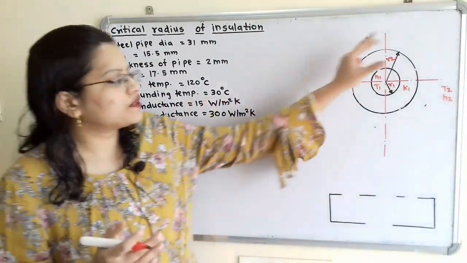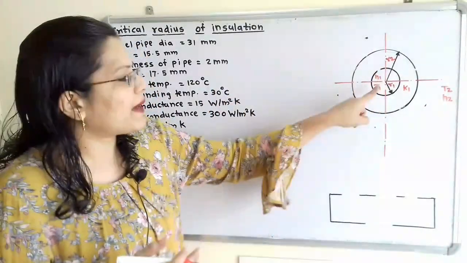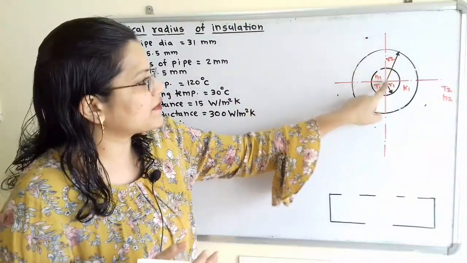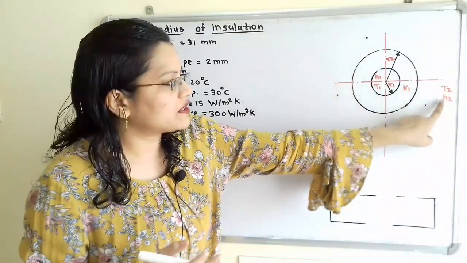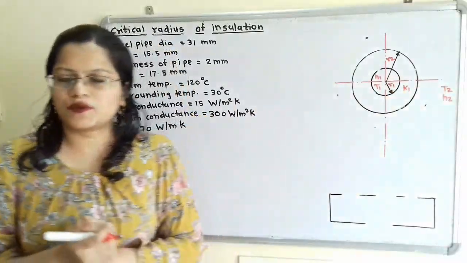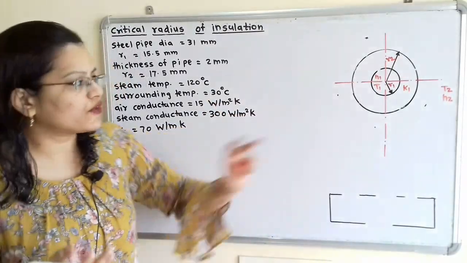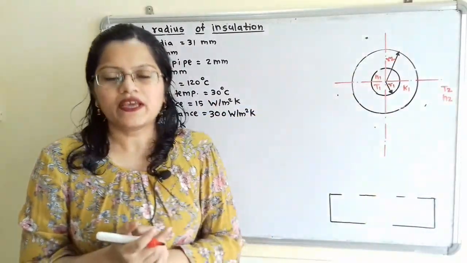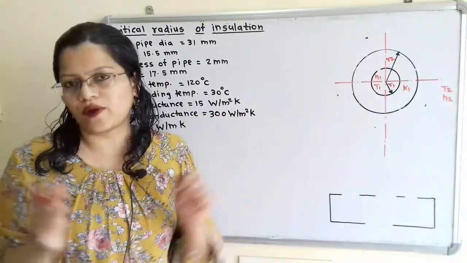If we observe this diagram, here only steam is flowing inside the pipe, then here is radius R1 and R2 for the steel pipe, and here is the air temperature as well as heat transfer coefficient that is provided. So we have to first find out what is the value of Q for this diagram. That is, this diagram is for when insulation is not provided.